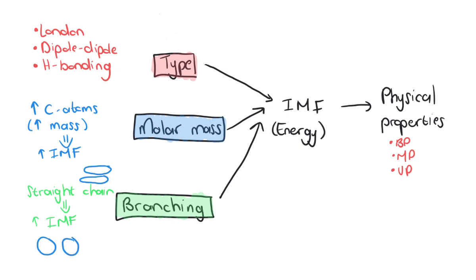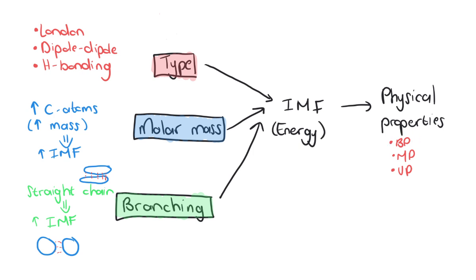So they can't pack as closely together as your straight chain molecules, and that reduces the surface area of contact between molecules, and that results in weaker intermolecular forces, and that means less energy is required to break the bonds, and that results in a lower boiling point.